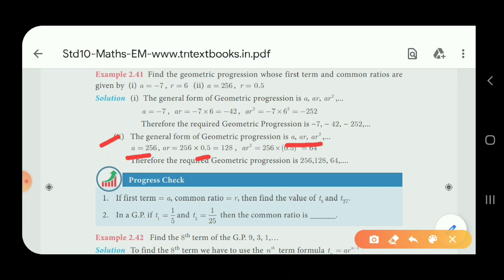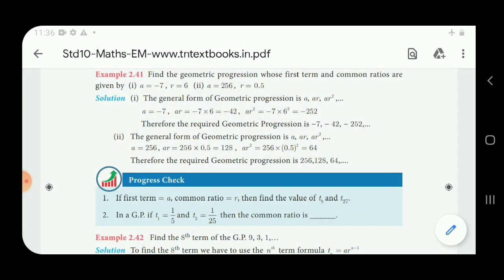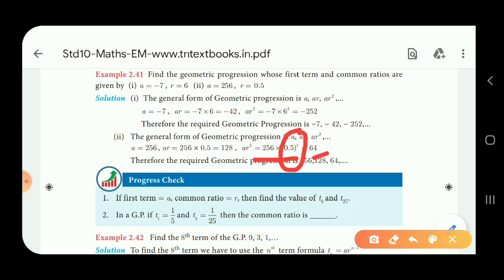Then ar square is 256 into 0.5 whole square; multiplying, you get 64. So the geometric progression is 256, 128, 64. This is the second one.